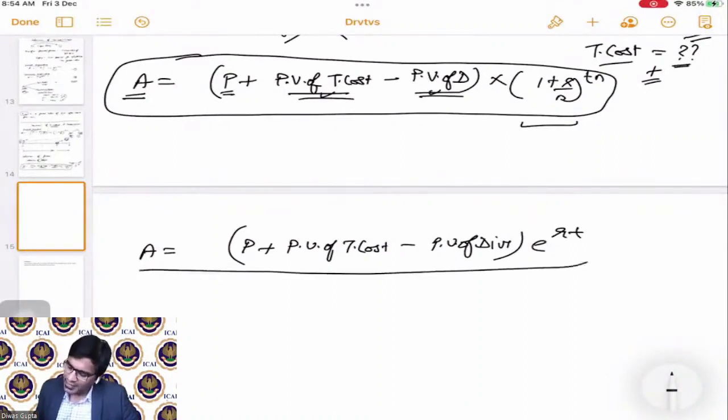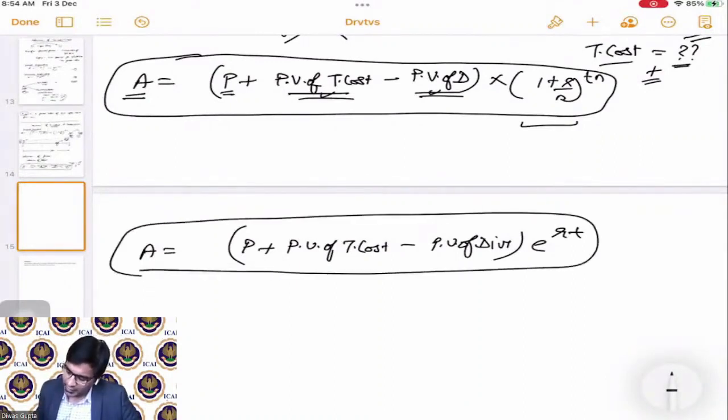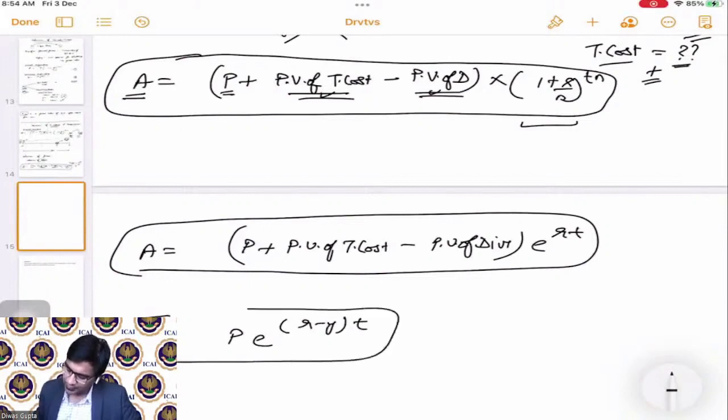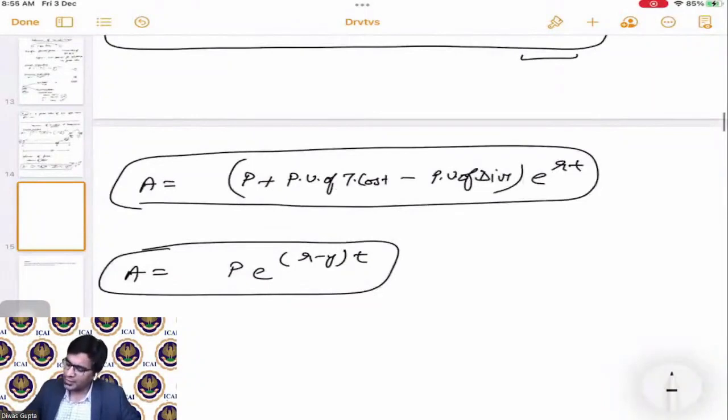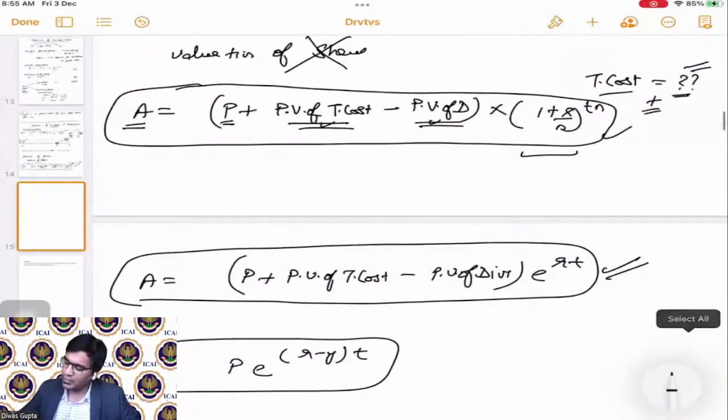This is the second formula change. Similarly, the third formula change can be A is equal to P E raised to the power (R minus Y) T. Now I will explain this. Okay, this one is simple. It's derived from the above only.